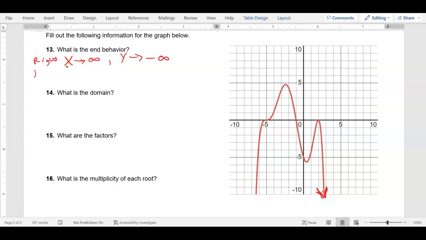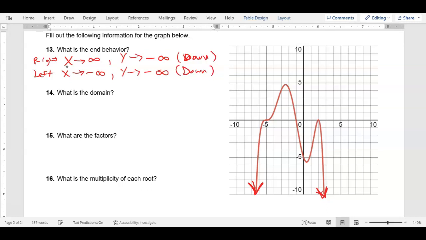Okay, and let's go to the left. As x goes towards negative infinity to the left, it's going down, down, down, down, down, which is also going to be y approaches negative infinity. This means down to the right. This means down to the left.